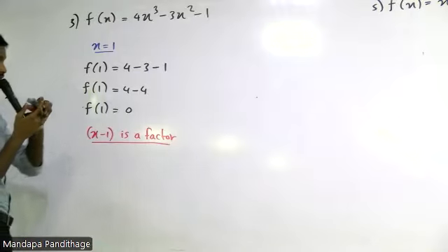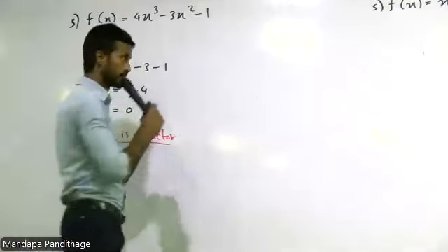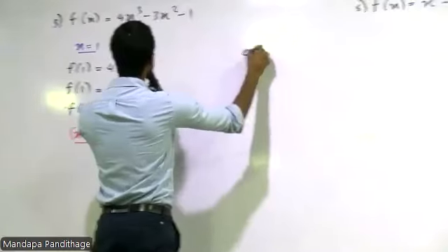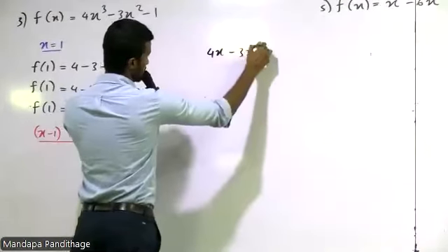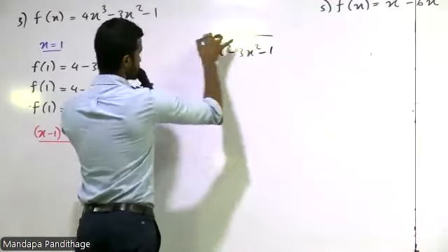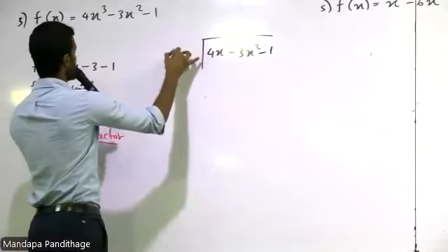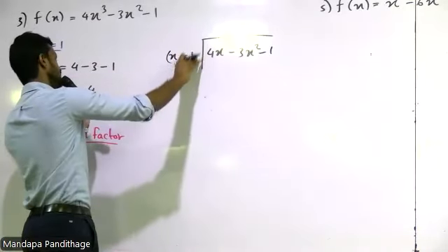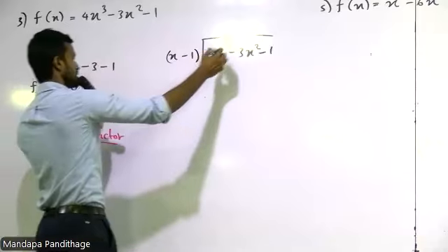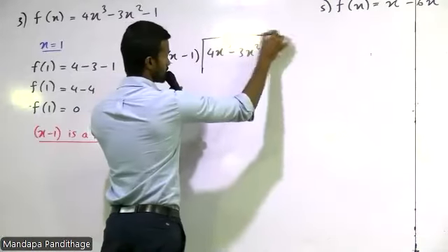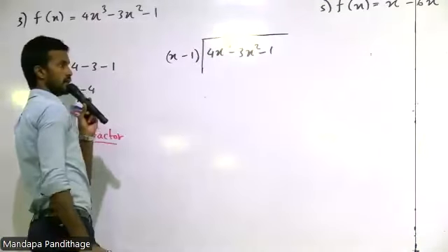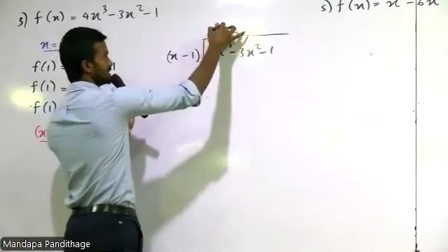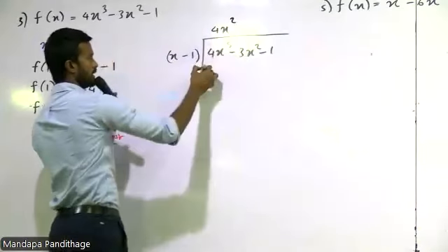To find the other factor, I can divide 4x cubed minus 3x squared minus 1 by x minus 1. Here the division is a bit different because of the coefficient change. 4x cubed divided by x is 4x squared.